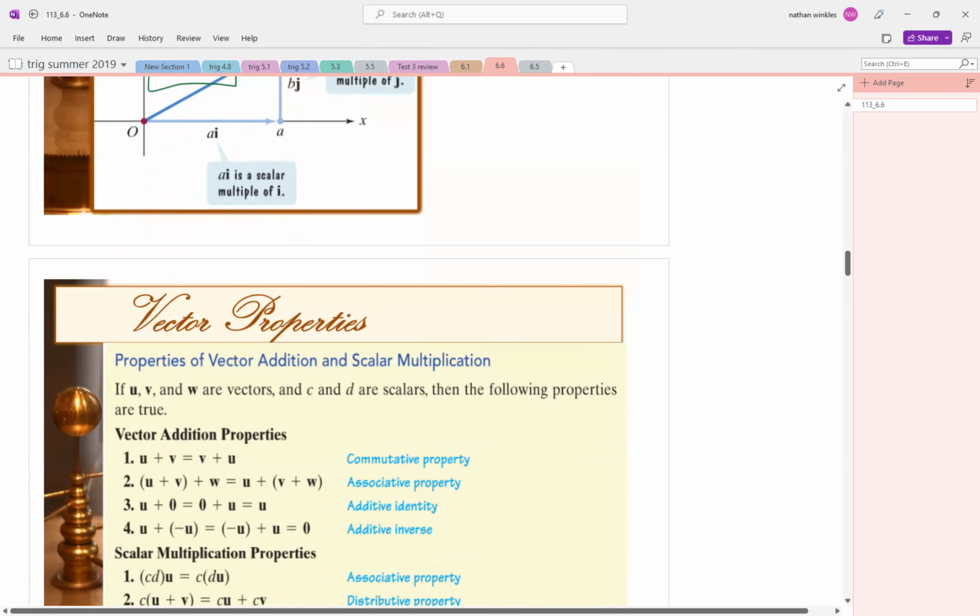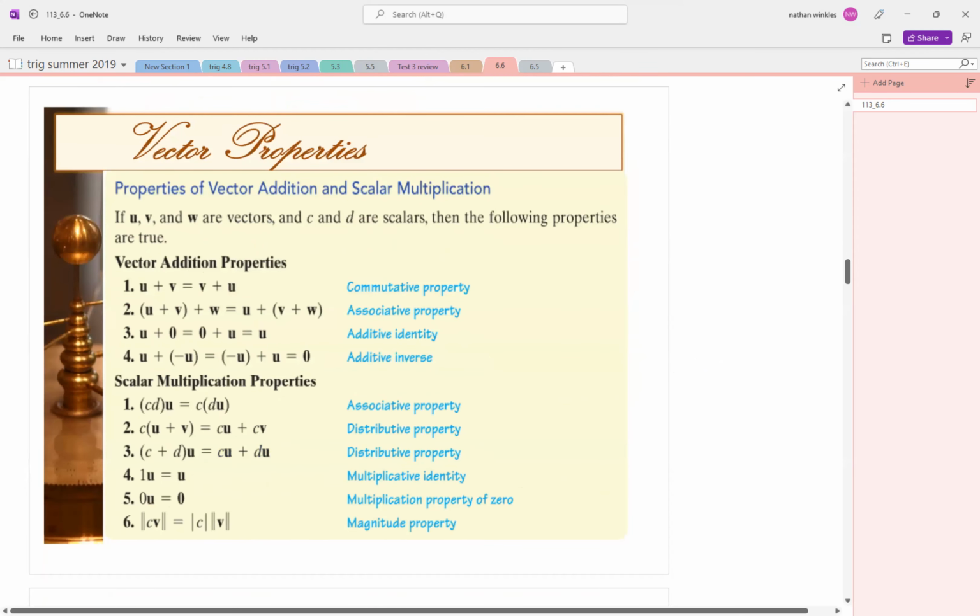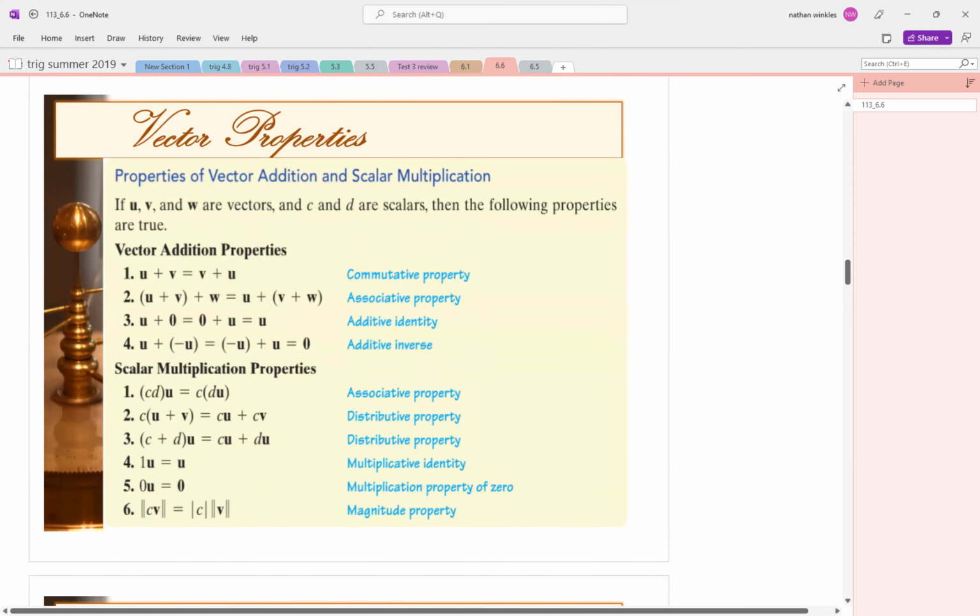So, some vector properties. All of our properties that we talked about in terms of numbers way back in our early days actually hold here as well. If u, v, and w are vectors and c and d are scalars, then the following properties are true.